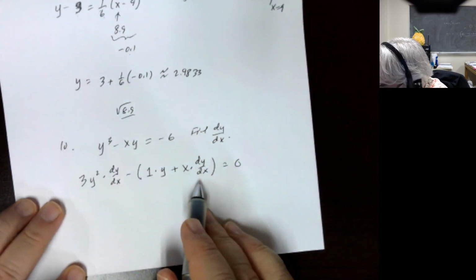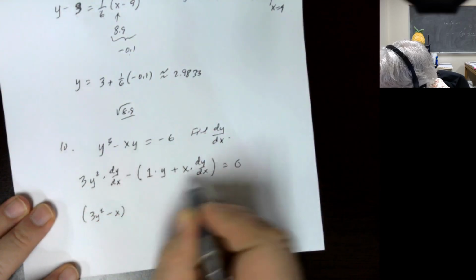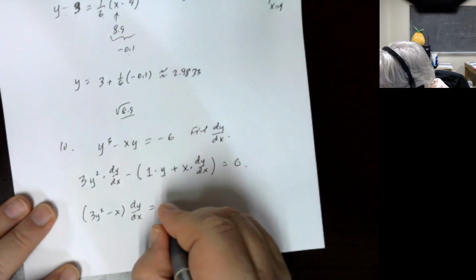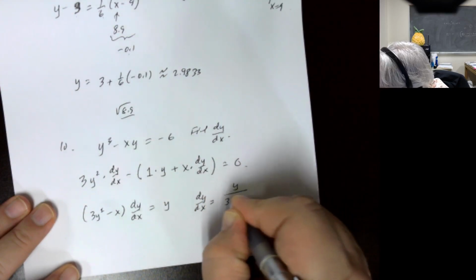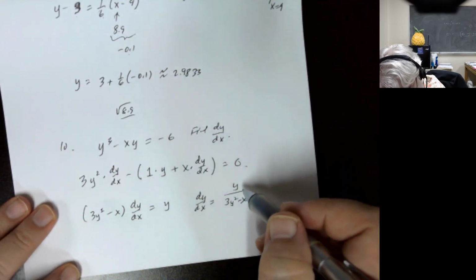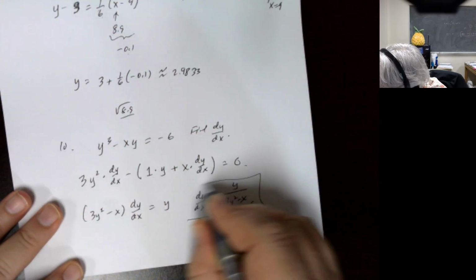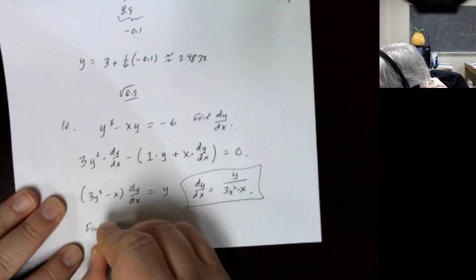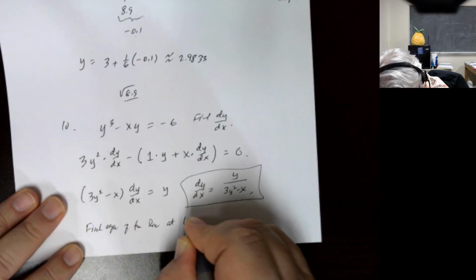Good. Now, when we simplify this, we'll get 3y squared minus x times dy over dx is equal to, I'll bring the y over to the other side. So dy over dx is equal to y over 3y squared minus x. Okay, and then once you find dy over dx, the question asks us to find the equation of the tangent line at the point (7, 2).